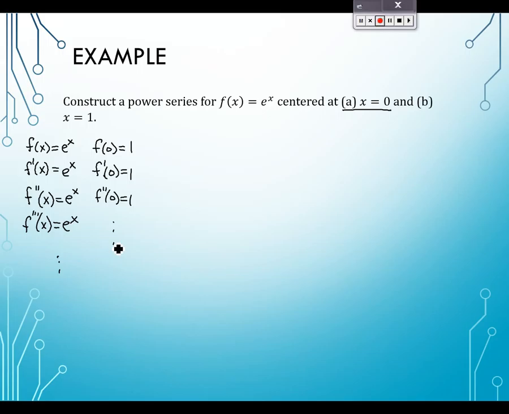Okay, so I think I'm ready to do it. e to the x, or f of x, is equal to the first term, 1, plus 1x, plus x squared over 2, plus x cubed over 6, plus x to the 4th over 24, etc.